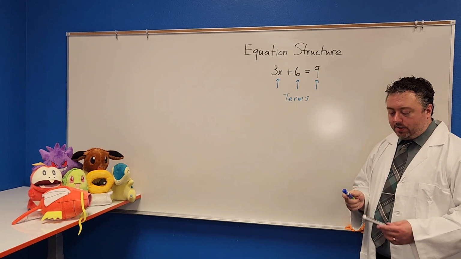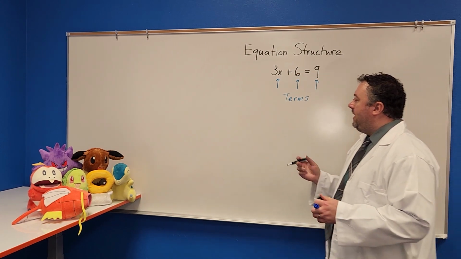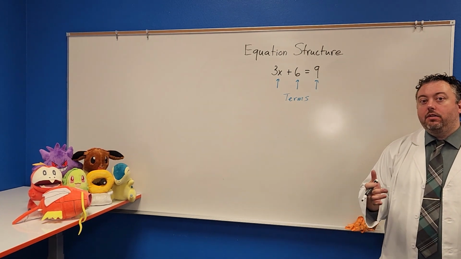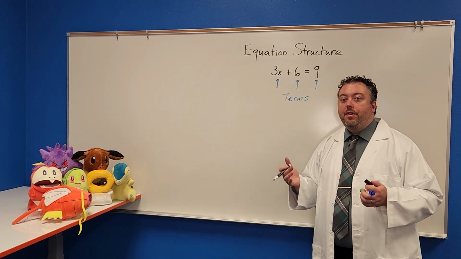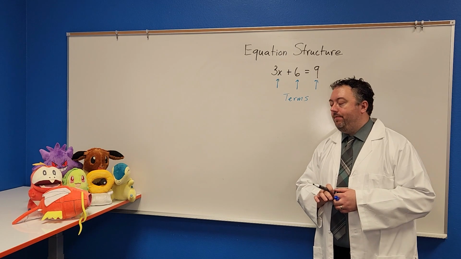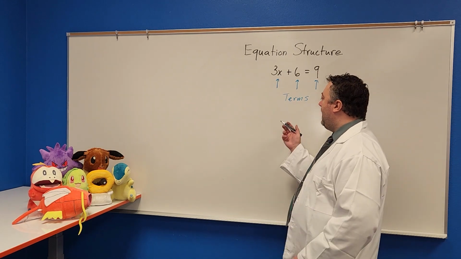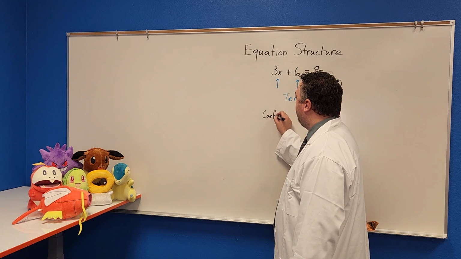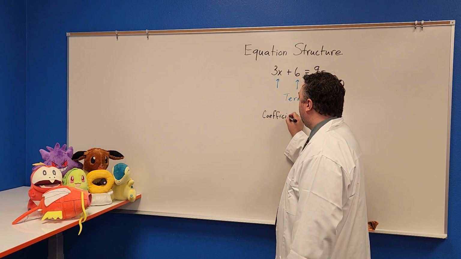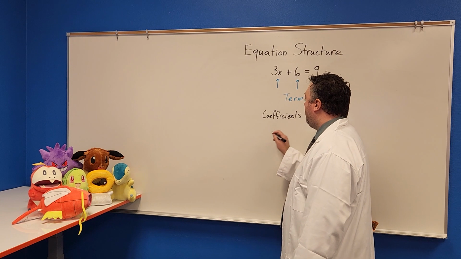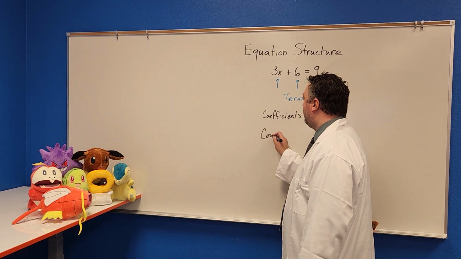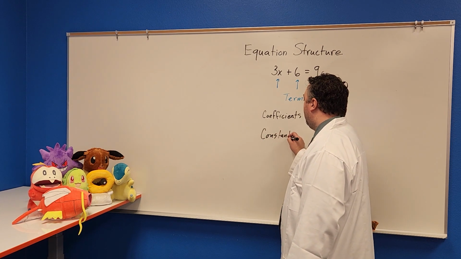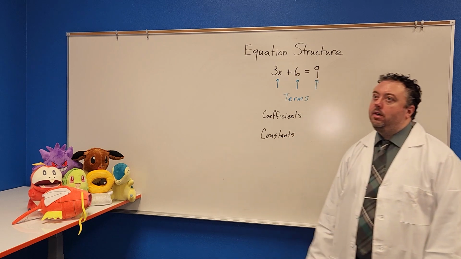Now from these terms, we need to be able to clearly talk about the numbers that are in this equation. So we have two vocabulary terms that we use called coefficients and constants.